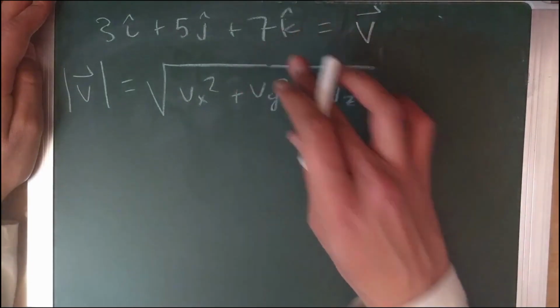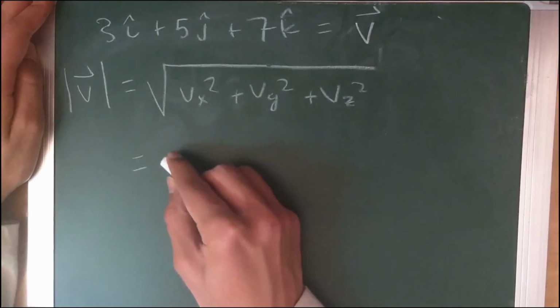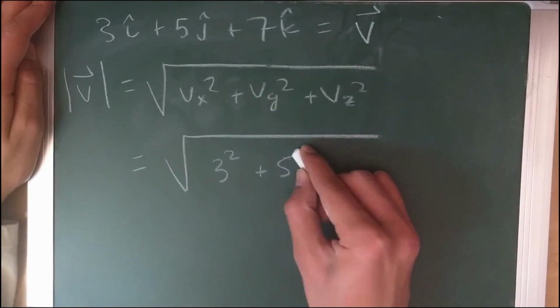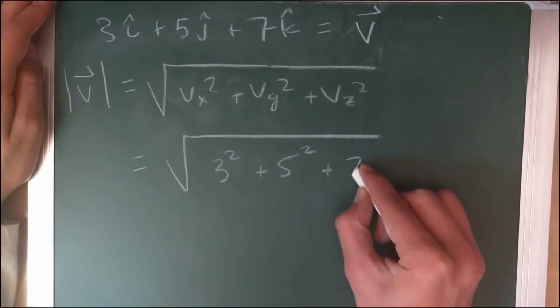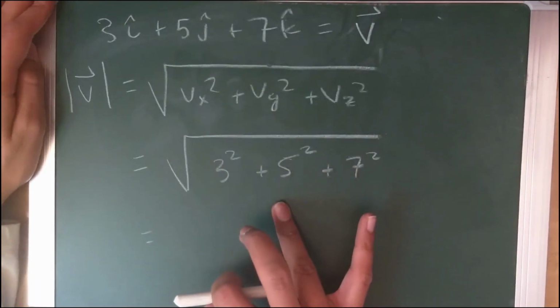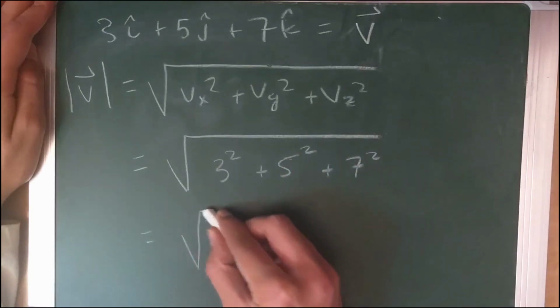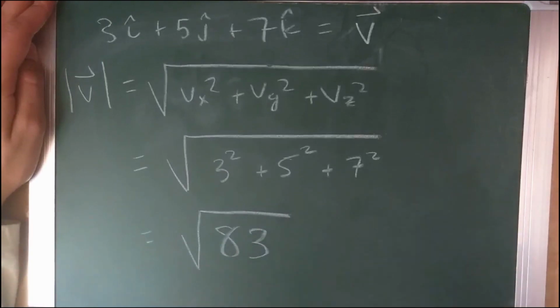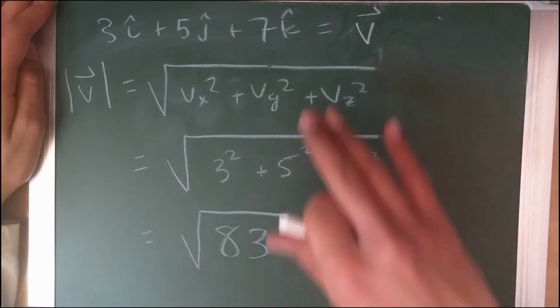We see we have a z component here, so we can't just say that's 0. That's 3 squared, that's 5 squared, that's 7 squared. So this is actually 9 plus 25 plus 49. You can work that out, and that is actually the square root of 83. And so that's the size of this vector.